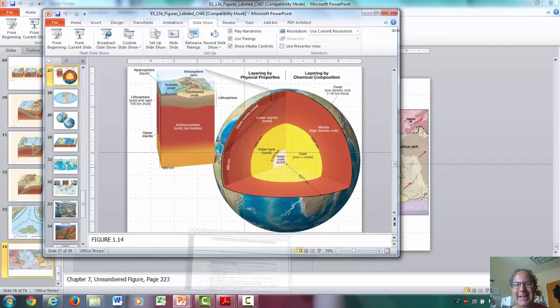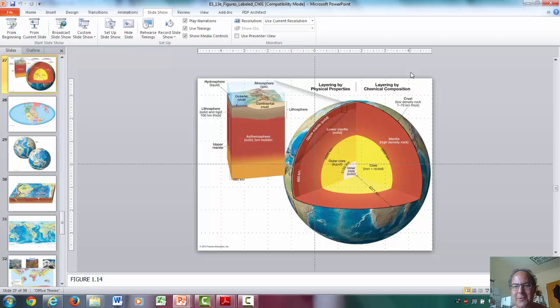Again, you guys learned crust, mantle, outer core, inner core, but there is more to all of that. I know this figure is kind of busy. It's in Chapter 1. For example, inside of the Earth, and there's the inner core, there's the outer core, there's the mantle, and then the crust is this thin rind on the outside. Okay, but there's more. Lithosphere and asthenosphere.